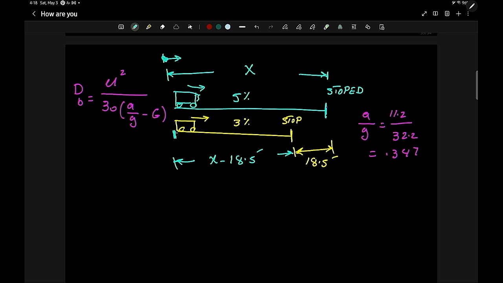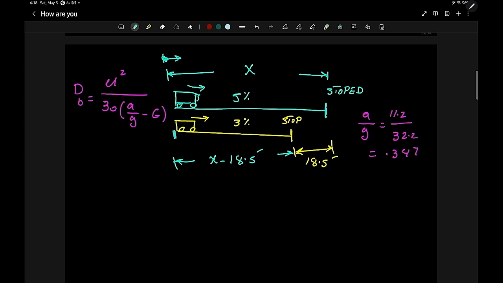When she pushes on the brake at the same speed, it takes her about 18 and a half feet less than when she was doing 5%. We'd like to know what the speed is, and then what the braking distance would be if she drives up at 5%. Remember, this is a braking distance. It doesn't include the reaction time.